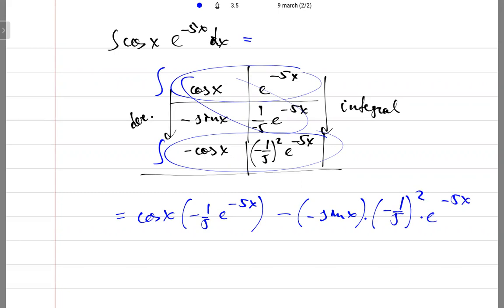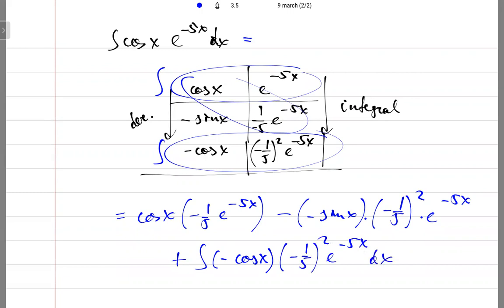And then the next one should be with plus, but it's with plus integral. And I write, that is the row, if I will not obtain 0 in the first column, I just write the integral of minus cosine of x times minus 1/5 squared exponent minus 5x dx.